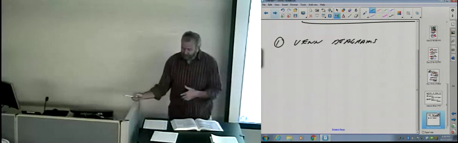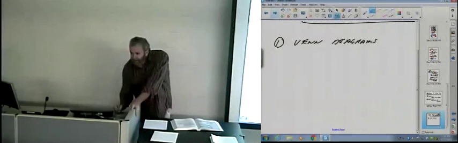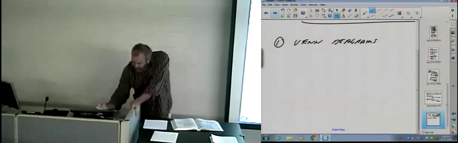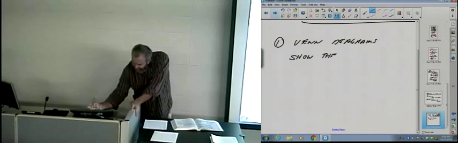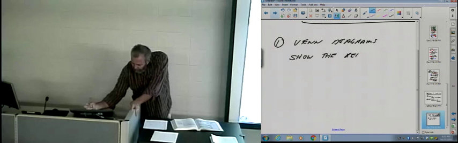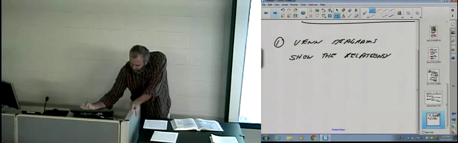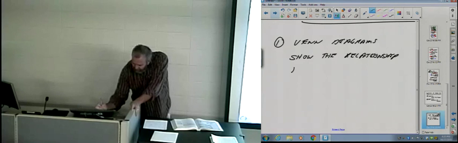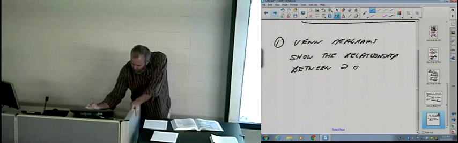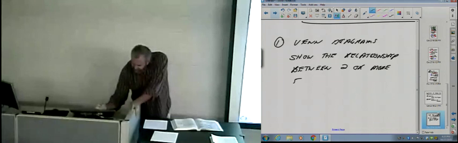So what a Venn diagram does, it's going to show the relationship between 2 or more events.